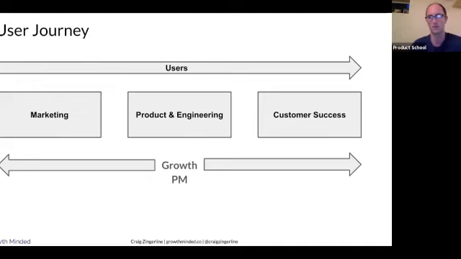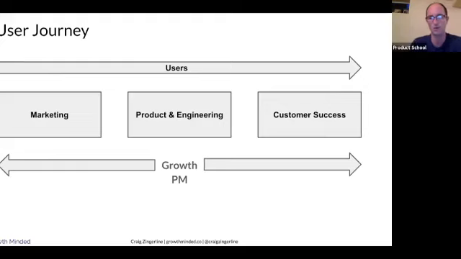And then customer success traditionally will look at the more bottom of the funnel. They're really the eyes and ears of the customer, ensuring the customer's heard, the customer's seeing value through the product, and that those customer feedback channels are really open and being fed back.